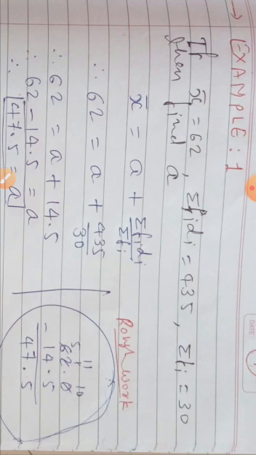If you want, you can shift it to the left side as a fraction also, but it is quite comfortable to convert to decimal if the given number is easily divided by the denominator. So the second term becomes 14.5, and that is shifted towards the left side. So 62 minus 14.5, that is our required value, and that becomes 47.5.